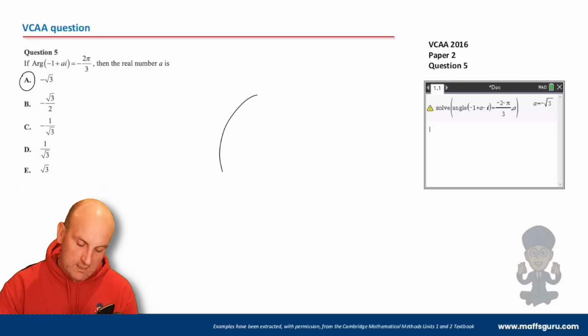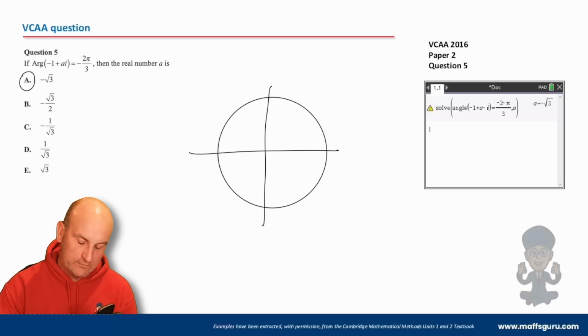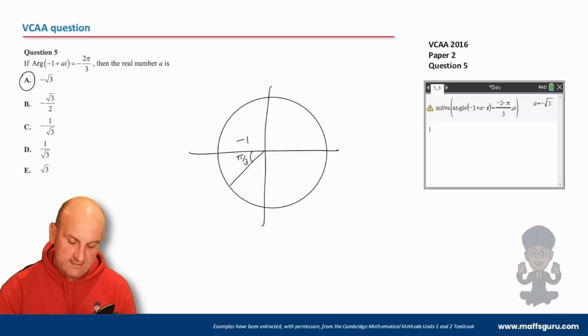But if we wanted to go back to first principles and draw my unit circle, what have we got here? Minus 2 pi on 3. Because it's a capital A, that one there is pi on 3. We've got minus 1 plus ai, so a would have to be negative for a start, which automatically discounts that one and that one.